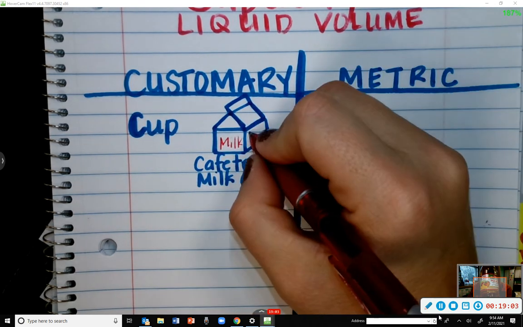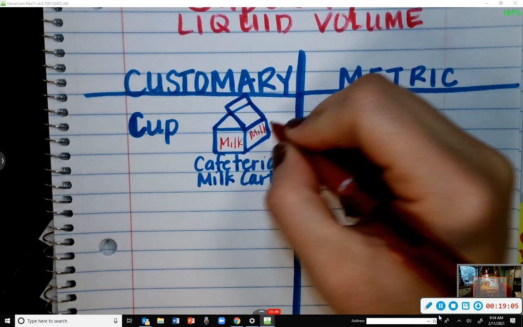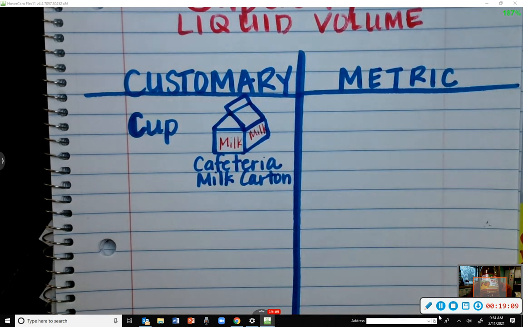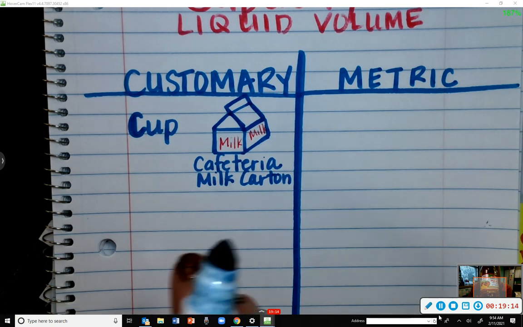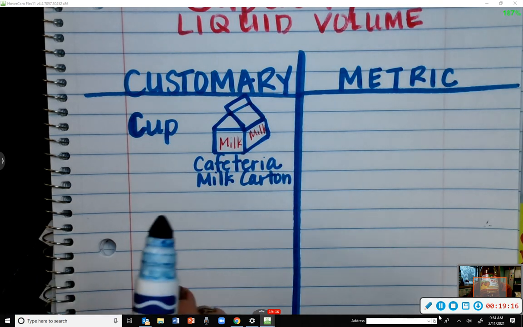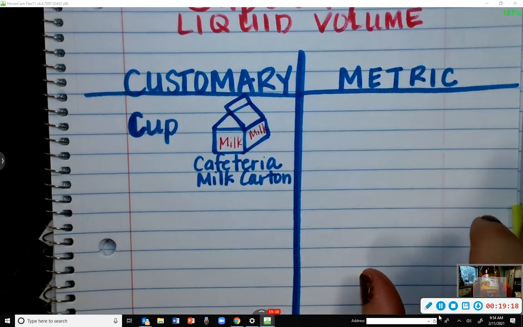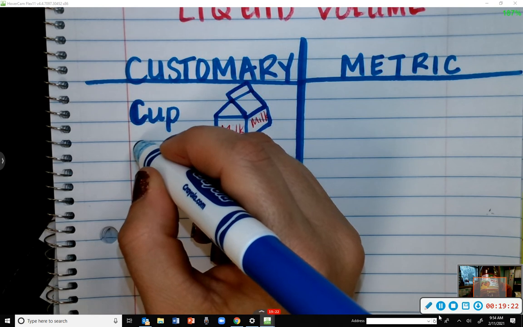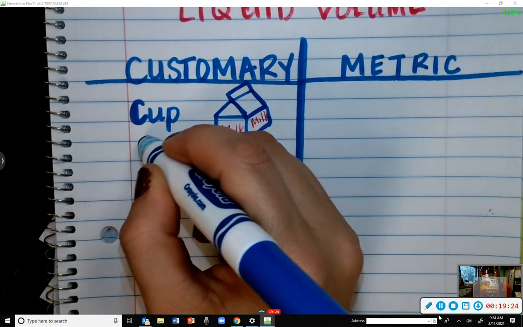Is it O-O-N or O-E? Just O-N. Okay. And then y'all also said a coffee cup. That would be a good one to draw too. Like a mug. But it's a small coffee cup, not a big one.